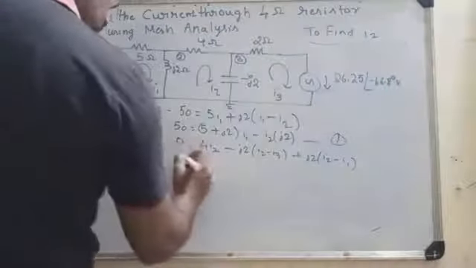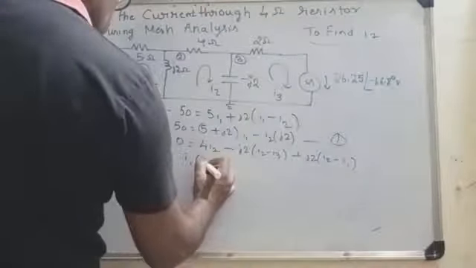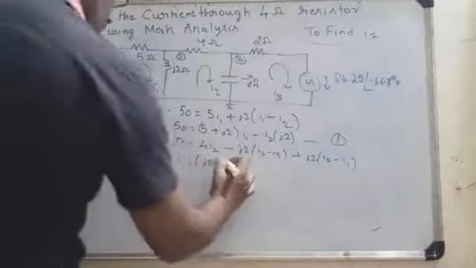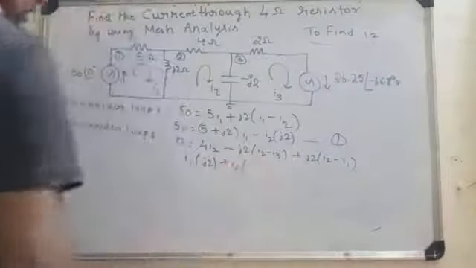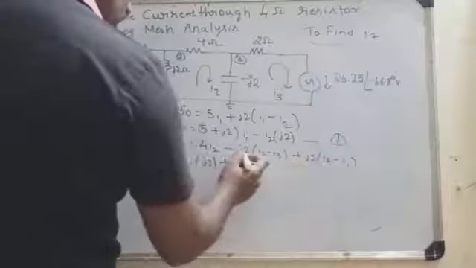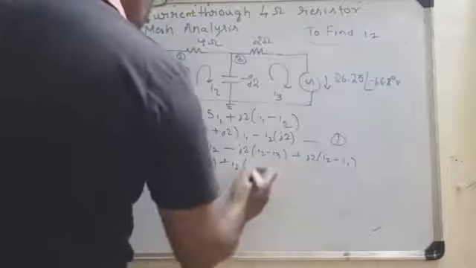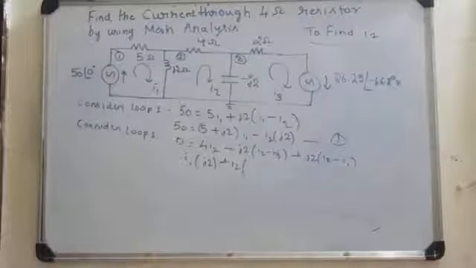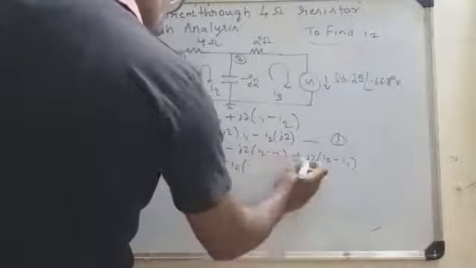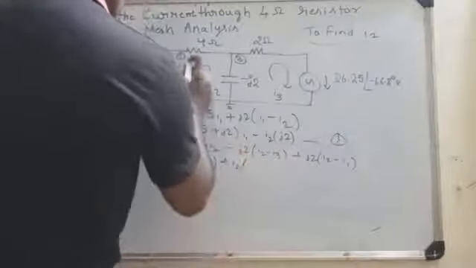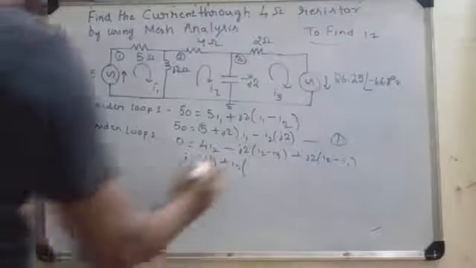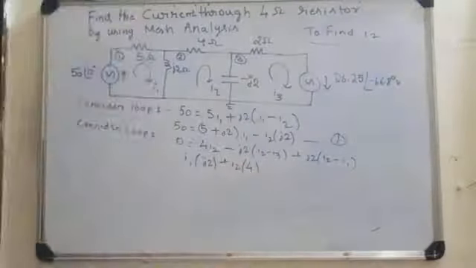So this will give me I1 into j2 plus I2 into (4 minus j2 plus j2). But the minus j2 I2 plus j2 I2 will cancel. So we are left with only this 4 I2, so left with value 4.